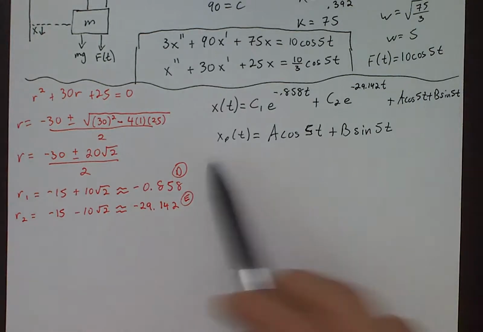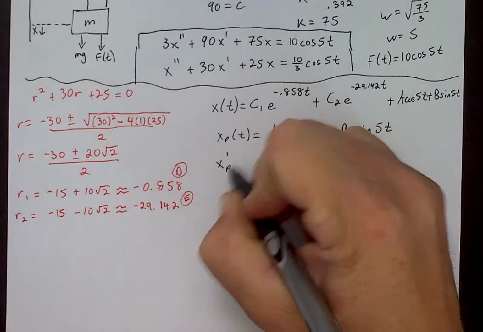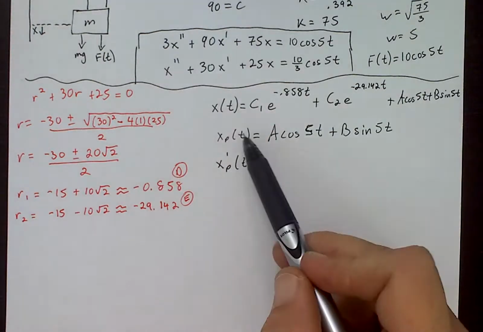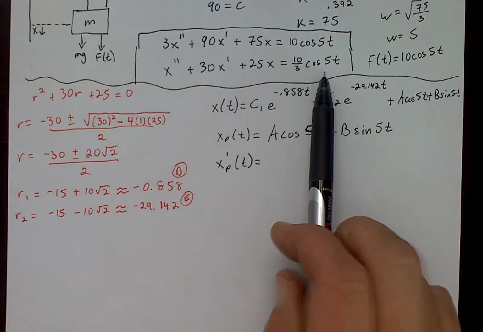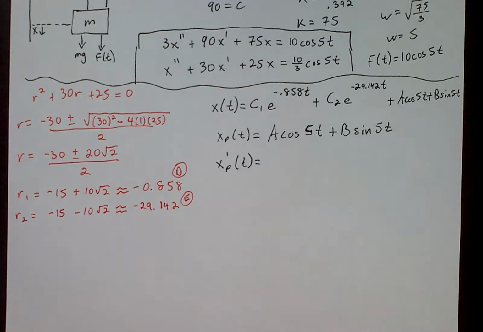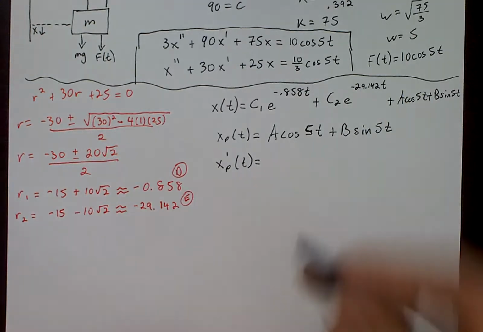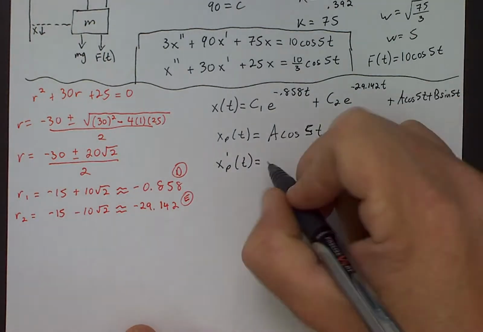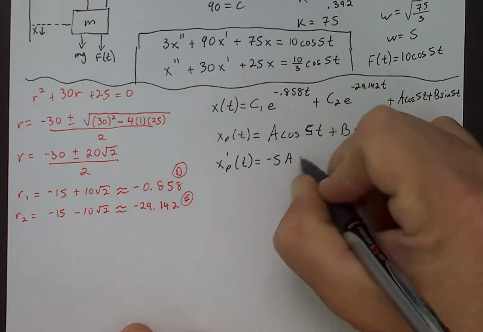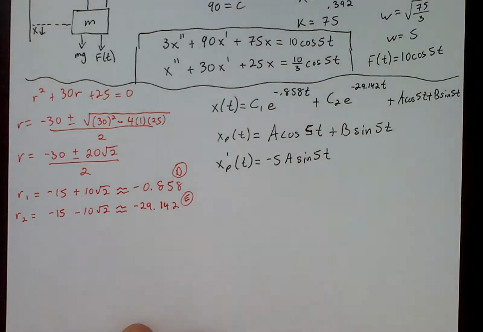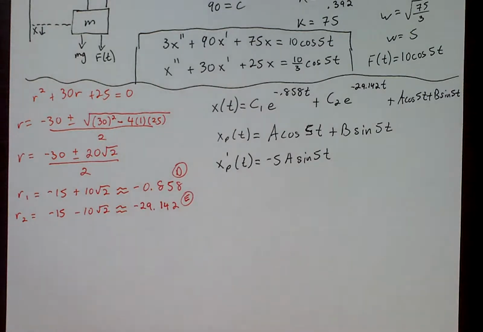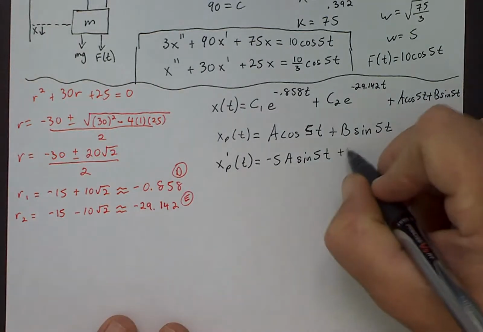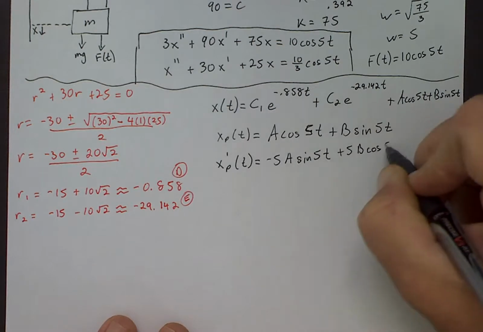Okay, so now we need to take some derivatives. Once we get the first and second derivative, we're going to plug it back in, match it up, and solve. We'll solve for a and b, and then we can go back and find c1 and c2. So, derivatives. Hopefully I don't make a mistake, but I probably will. Negative 5a sine 5t, plus 5b cosine 5t.